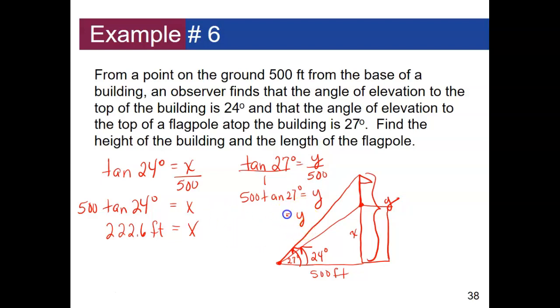So Y is going to be 254.8 feet. Okay, so Y represents the building plus the flagpole. If I want to find the height of the flagpole itself, then I'm going to have to take the height of the two together and subtract the height of the building.